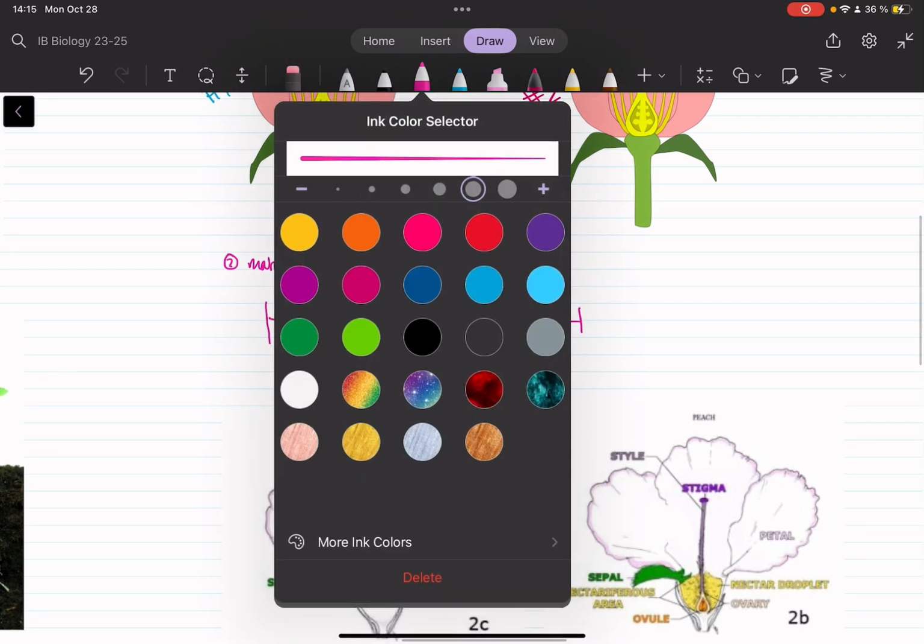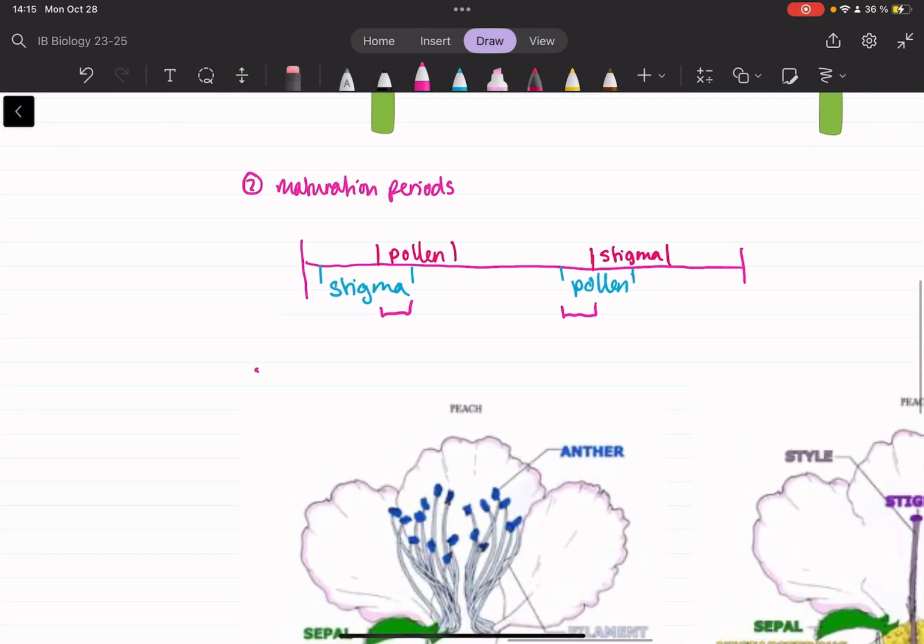And the final thing that I found really interesting that promotes cross-pollination, or again, more so avoids self-pollination, is the fact that some flowers have only female or only male parts.